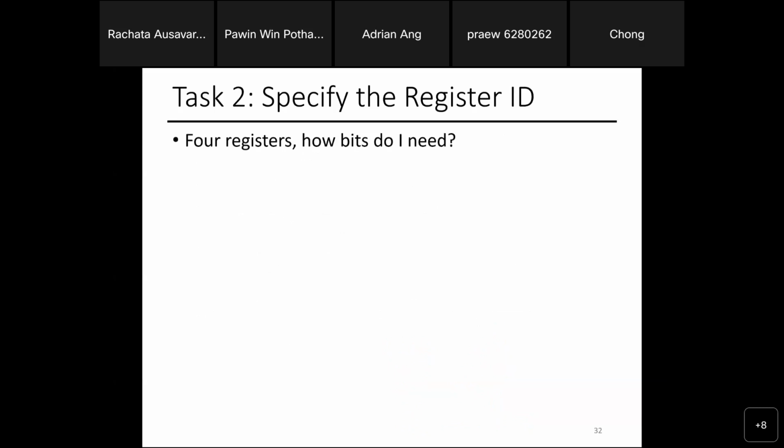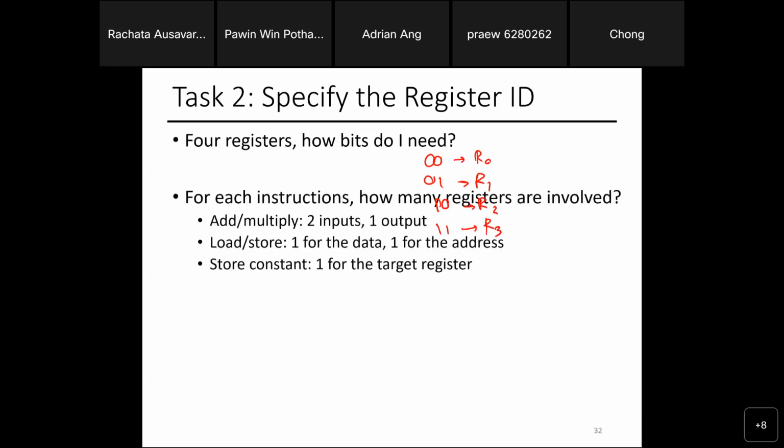Now the next thing is, for the register, how many bits do I need for the register ID? 2 bits, right? I can say if the register ID is 00, that's R0, 01 is R1, 10 is R2, and 11 is R3. For each instruction, how many registers are involved?